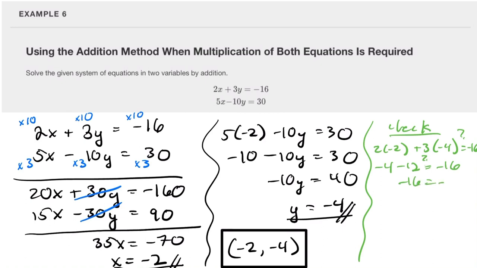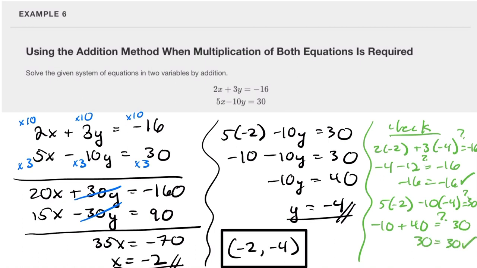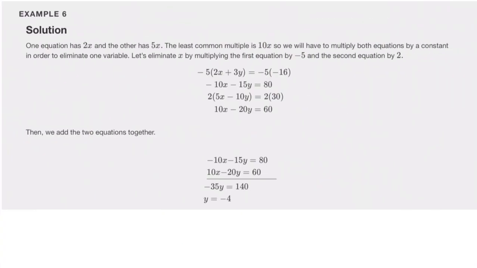Negative 16 equals negative 16, okay? 5 times negative 2 minus 10 times negative 4, does that equal 30? Negative 10 plus 40, does that equal 30? 30 equals 30. Okay, so we can be confident that negative 2 comma negative 4 is the solution to the system.